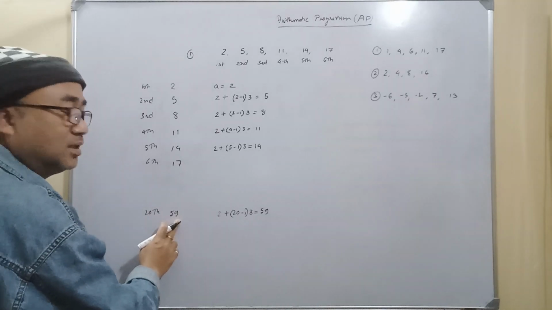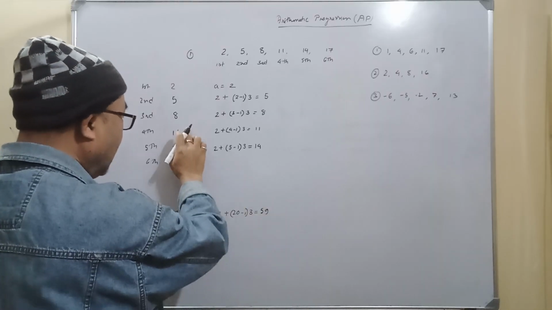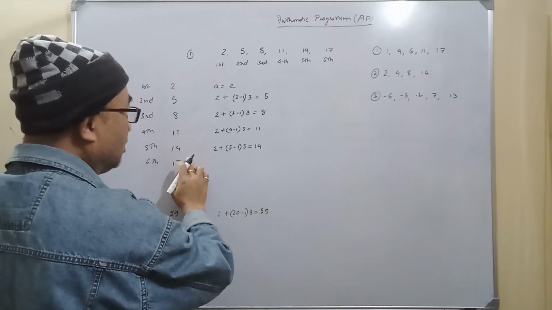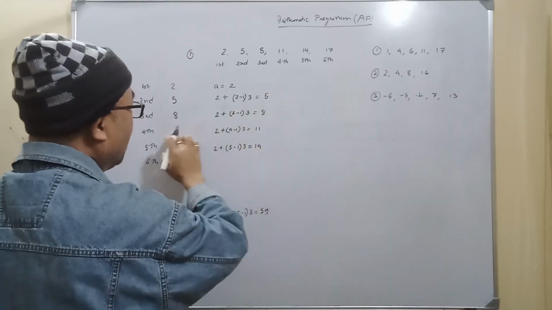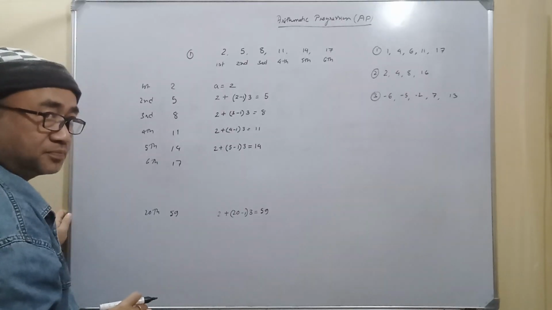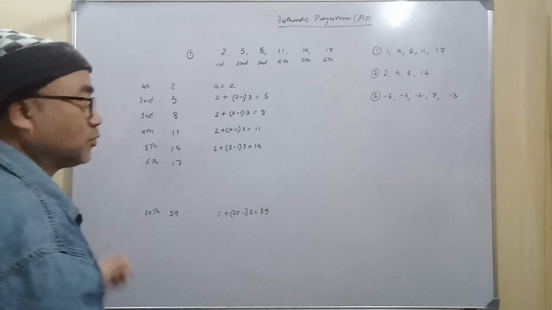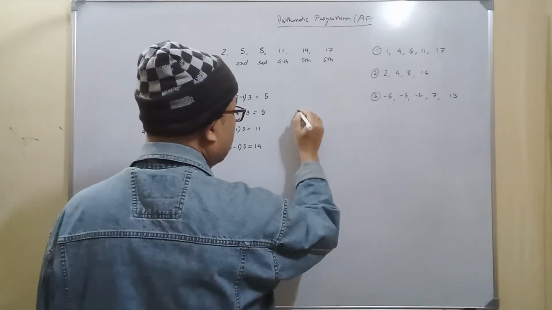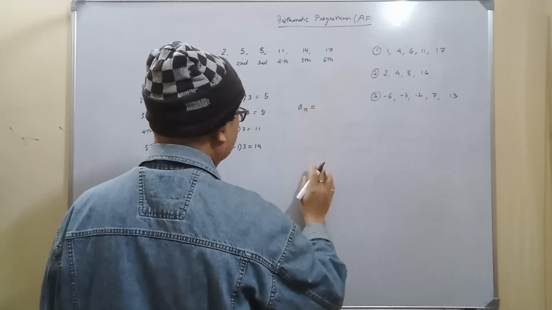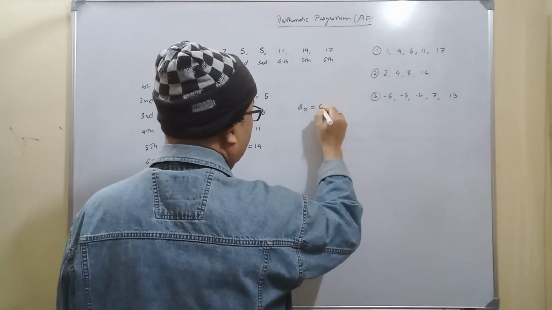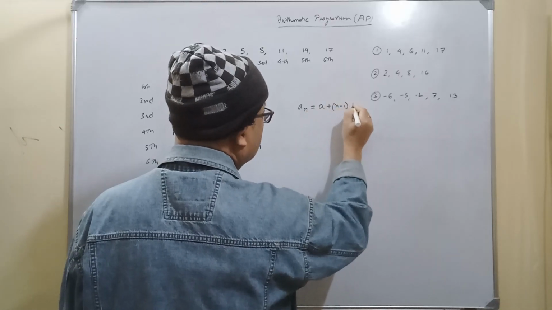So this is the formula for getting any term of the arithmetic progression. To find the nth term of an arithmetic progression, we write the nth term as an. The formula is a plus n minus 1 into d.